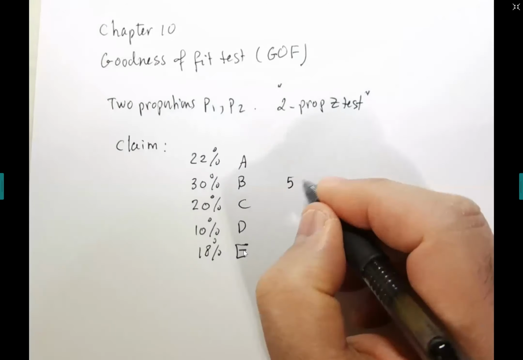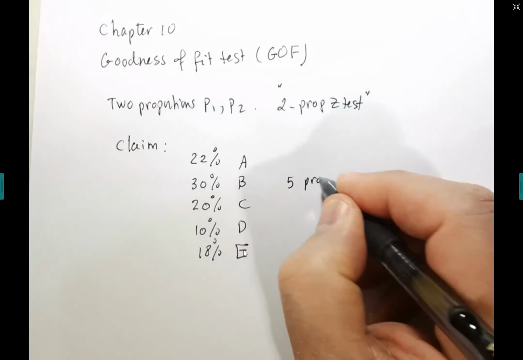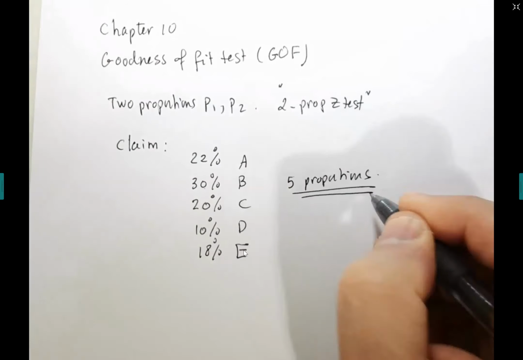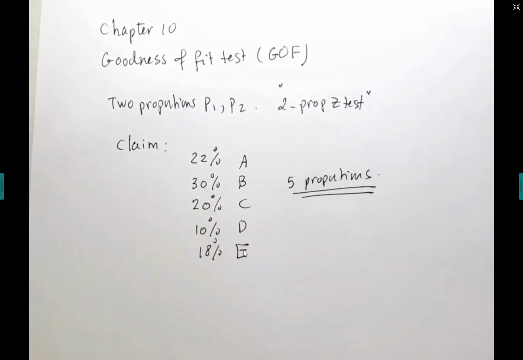When I say proportion, it means the percents, guys. There is no way I can use what I learned in chapter 8, because that involves 5 different populations: a population of students who get A, B, C, D, and E. So there must be a way to do that.